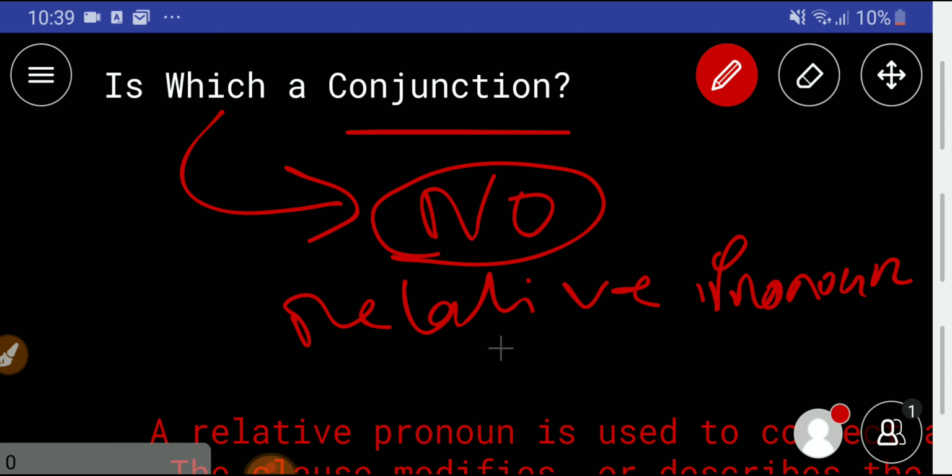Many people fall into trouble and say that "which" is a conjunction, but "which" is a relative pronoun. A relative pronoun modifies a noun or pronoun, but a conjunction doesn't modify a noun or pronoun, right?